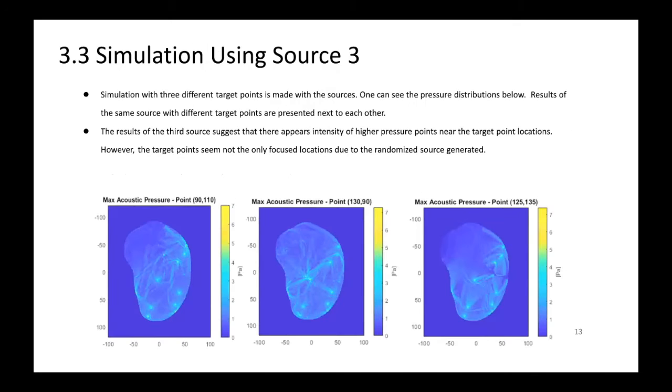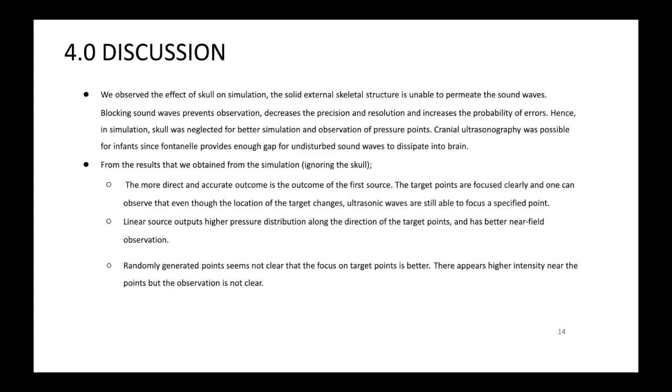And now Onur Khan will discuss the discussion part. Finally, once we cover all these sources and compare them, first and foremost, we observed that regarding the effect of the skull in simulation, the solid external skeletal structure is not permeable for the sound waves, so it blocks the sound waves and prevents observation.